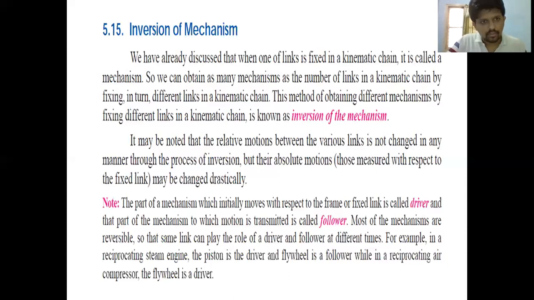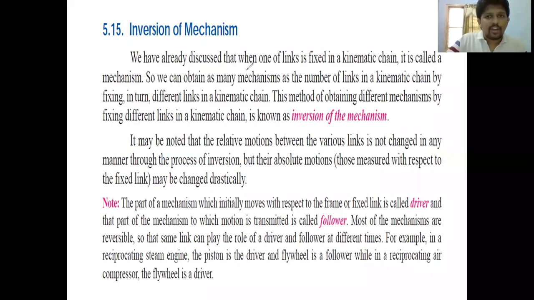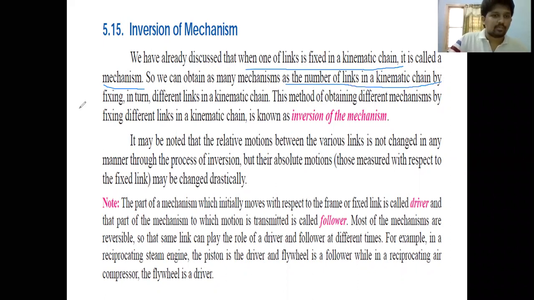Mechanism is something where you have some fixed link. When one link is fixed in a kinematic chain, it is defined as a mechanism. Well and good. But if in these mechanisms we are changing the fixed link, that means you can obtain a number of mechanisms from a kinematic chain by fixing in turn different links in the kinematic chain.